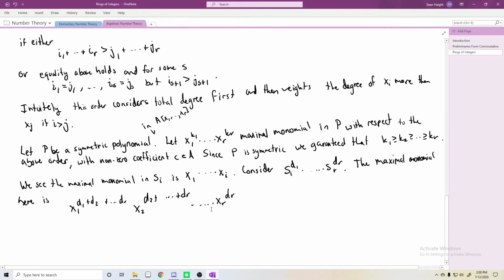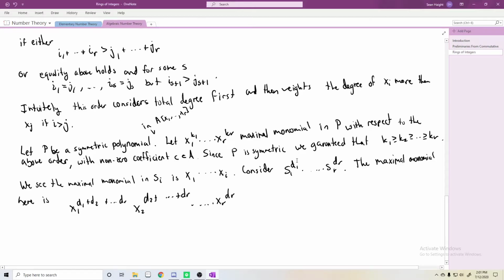Okay, so this is one of those things where you really just need to sit down and work out a couple examples to see how this works. Essentially what's going on here is that the maximal monomial is going to be the product of all the maximal monomials in each s sub i to the d sub ith power.